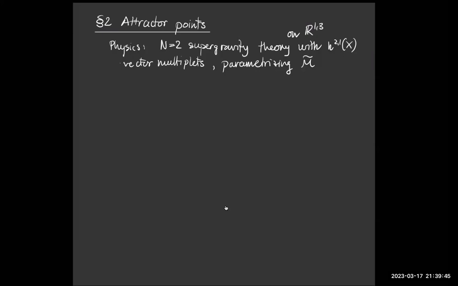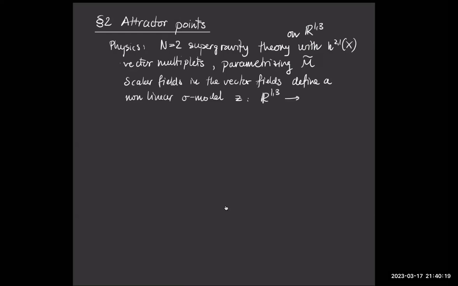So a certain transformation behavior with respect to the Lorentz group of R^{1,3}, and one part is that there are scalar fields in these vector multiplets, and they define a nonlinear sigma model of maps from R^{3,1} into the universal cover of M.